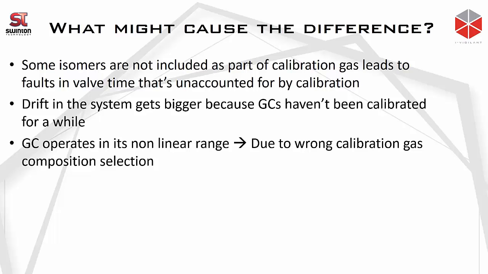So if the calibration gas design is wrong, such as the calibration gas composition being far away from the actual gas composition, we can get an impact from the nonlinearity of the detector, and the result is basically bias in the measurement. So the bias on GC A and GC B might be different, and we basically have error that can be unaccounted for. It can also be quite big.